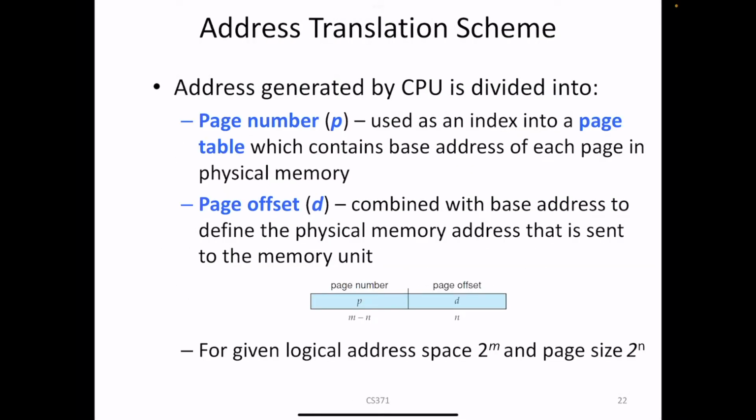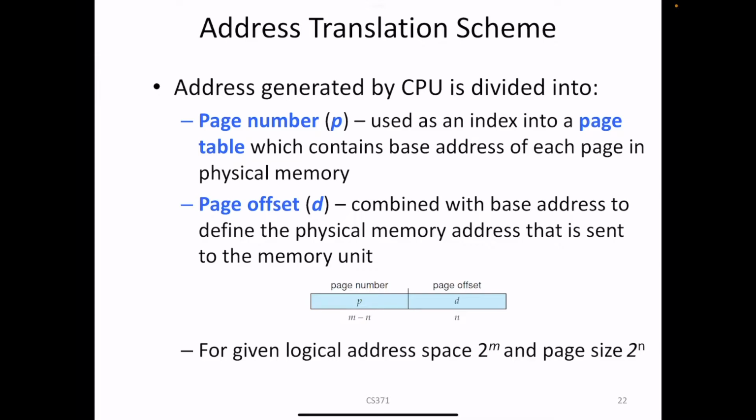Next, let's see how to implement the address translation from logical addresses generated by the CPU to the non-contiguous and scattered physical addresses. Basically, the logical memory address generated by the CPU is divided into two parts.